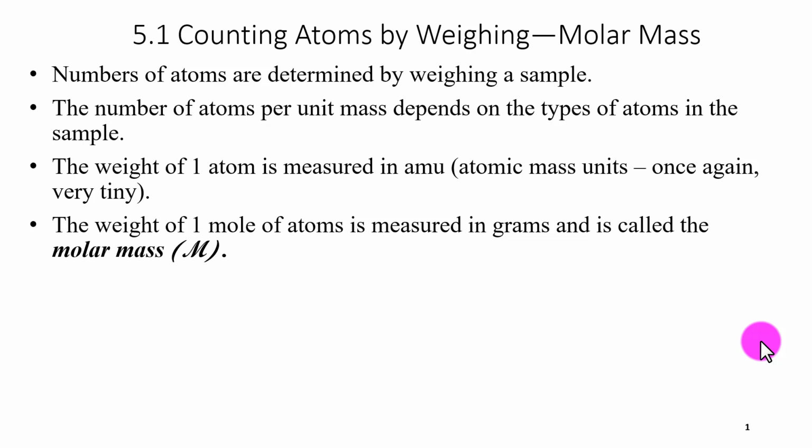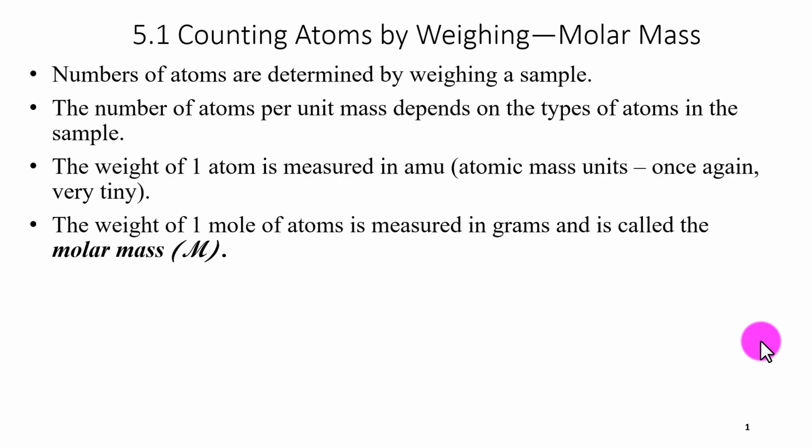It's like saying a dozen feathers weigh a lot less than a dozen elephants. Why? Because 1 feather weighs a lot less than 1 elephant. Even though I still have the same number, a dozen of each, the masses change because they're dependent on how much the individual items weigh. Similarly, 1 mole contains 6.022 times 10 to the 23rd atoms.